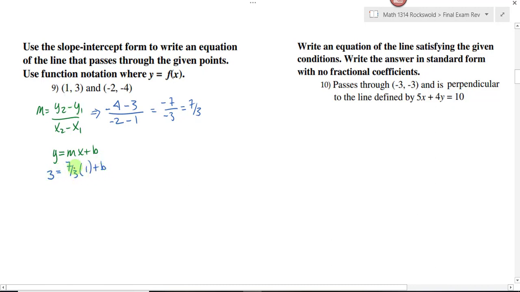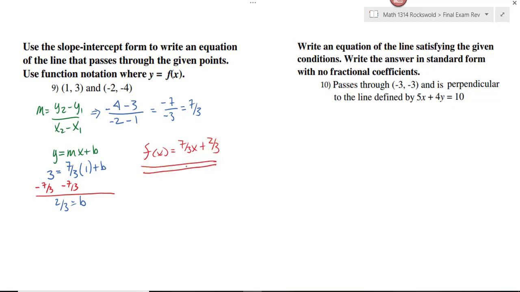So that's 3 equals 7/3 plus b. How do I get the b by itself? I subtract 7/3 from both sides. 3 is 9/3 minus 7/3 is 2/3, so b is equal to 2/3. We're not done until we write our final answer using this information as f of x equals 7/3 x plus 2/3, and that would be your final answer.